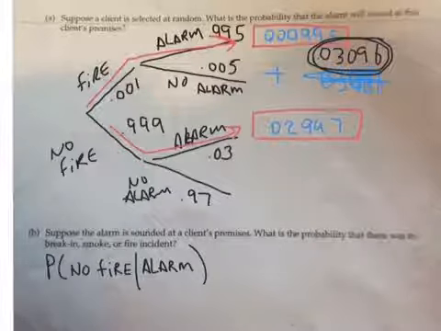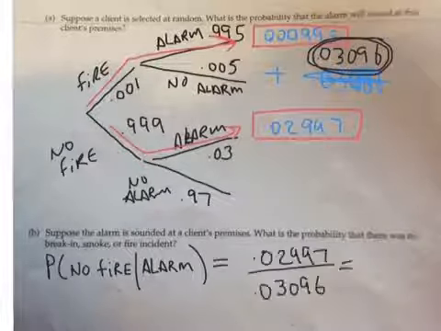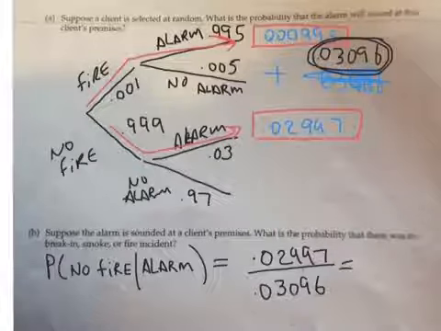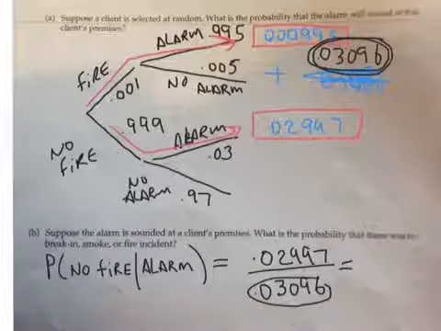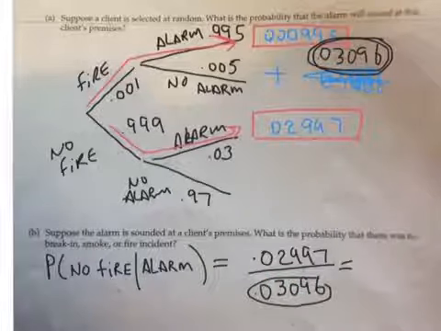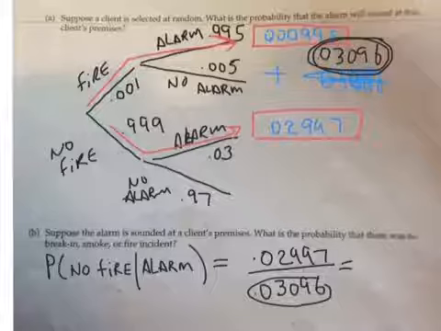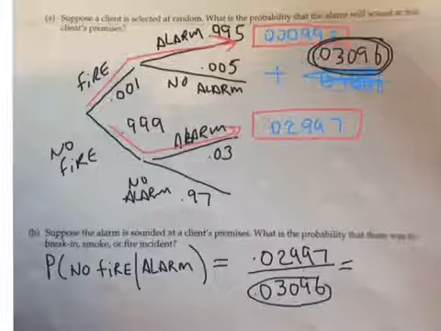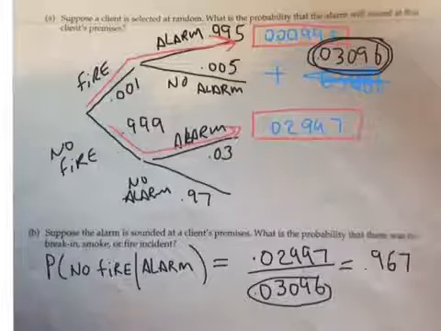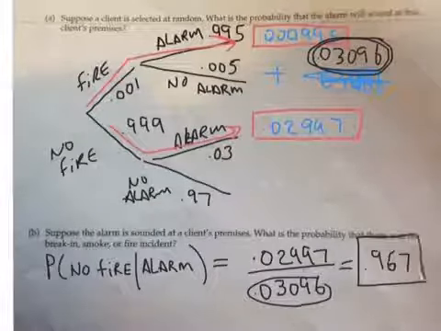That's right there. So this is how we would figure this out. And there it is. Given that an alarm went off, so we got to start with this. This is the probability that there was actually no fire. Okay, so this happened. The alarm went off. This is the probability that there's no fire. And what is the answer to that? And there's your answer, right there.